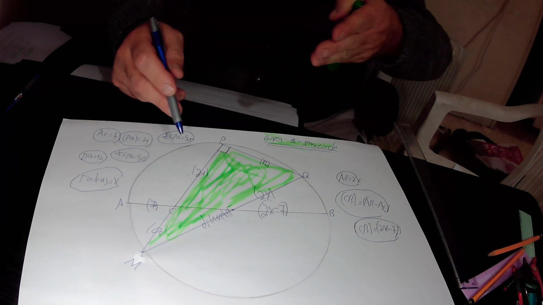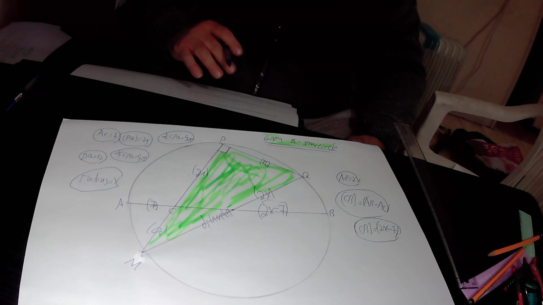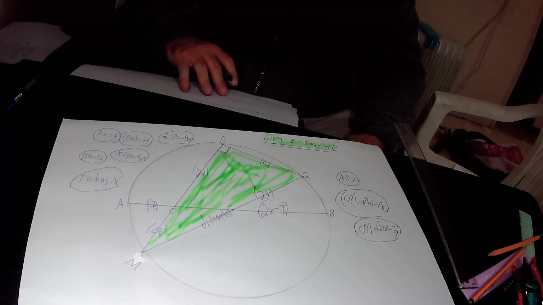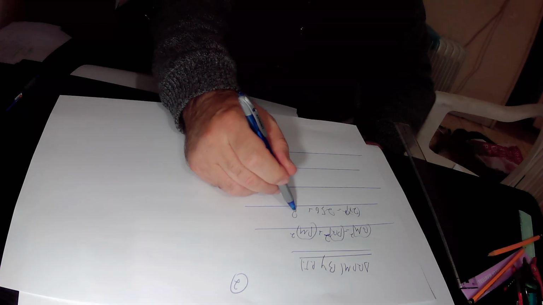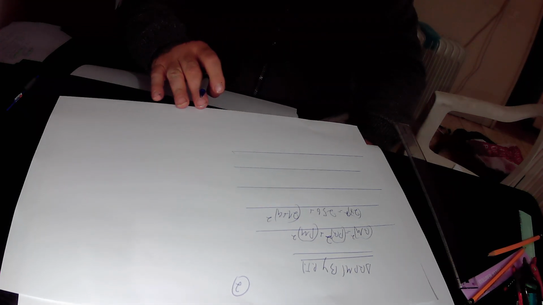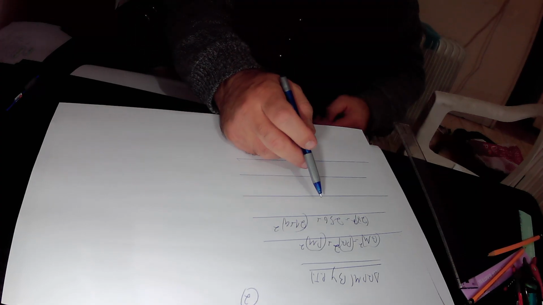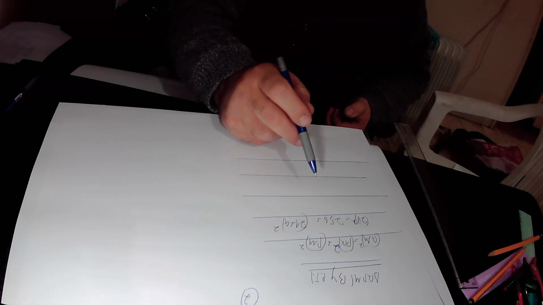Therefore, PM square is 21 plus a squared. So according to the Pythagoras theorem, in the grand triangle QPM, the equation is 2x squared equals 256 plus 21 plus a squared.